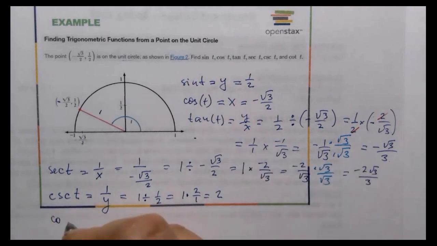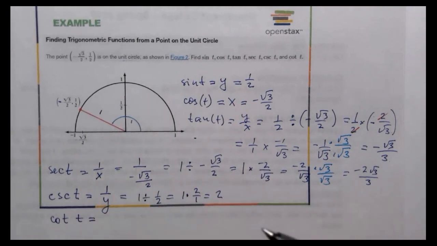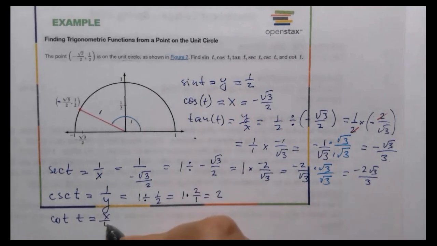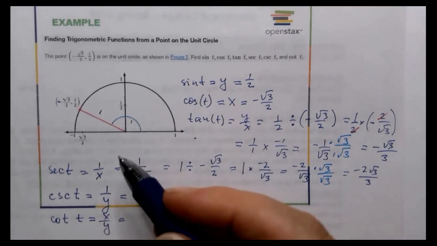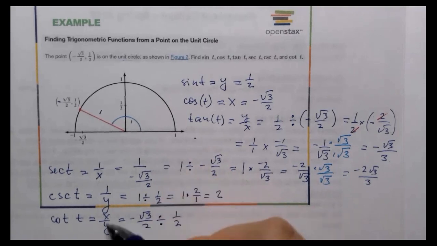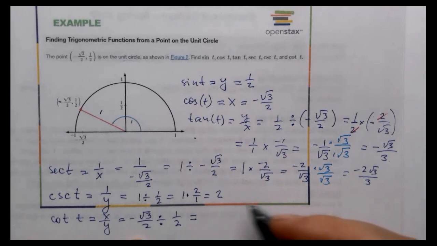Cotangent of t is x over y. So we have negative root of 3 over 2 divided by 1/2. Instead of writing it as a fraction, you could just expand it this way and apply the fraction division rule.